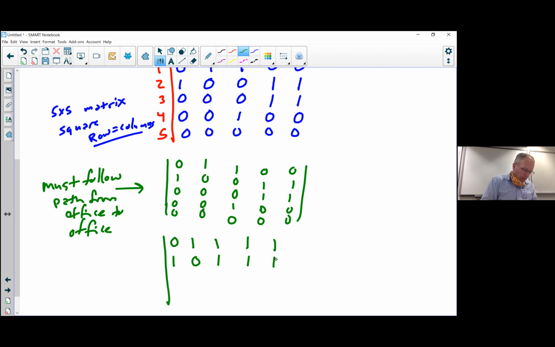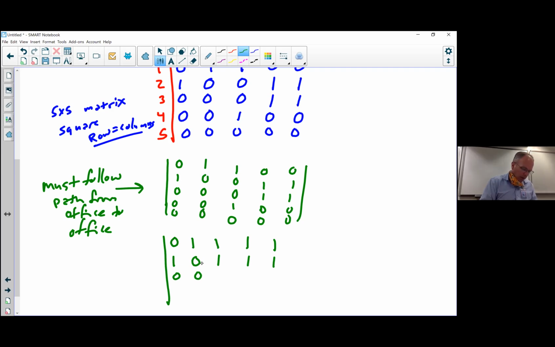Okay, so from office 3 to 1, I can't go from office 3. I'd have to go to office 4. I'd have to go to office 5. I can't get any path to get to it. So that's got to be a 0. 3 to 2 is also a 0 because I don't have a path that gets me back to 2.